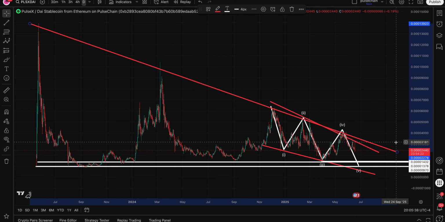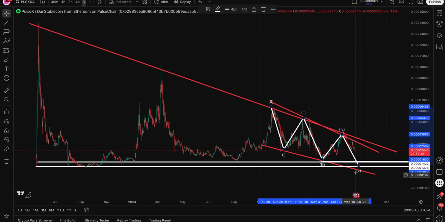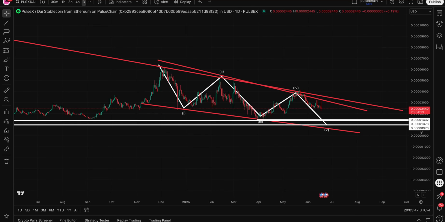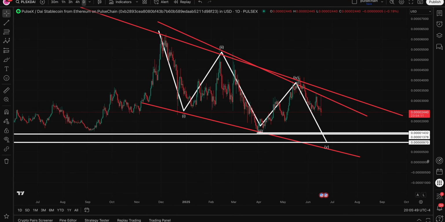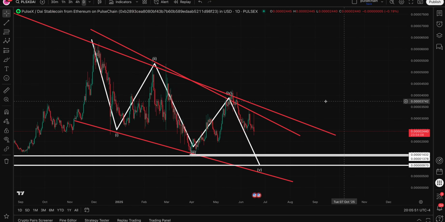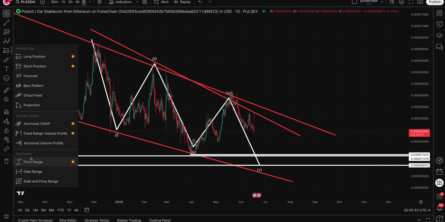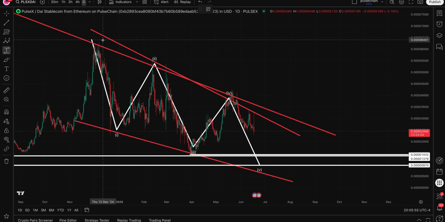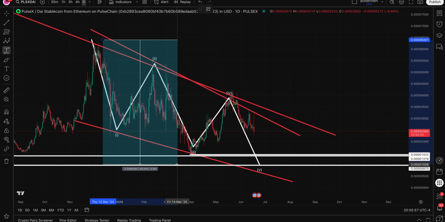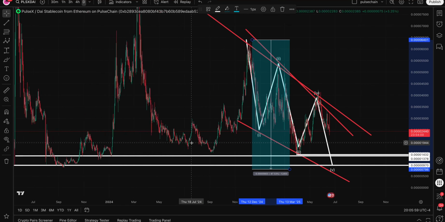Right? So we'd come down like this, tap into this low, consolidate here, and during this consolidation here, that's when people give up, right? Because from the peak over here on December 2024 down to this low, it'd be about an 84% drop, okay?